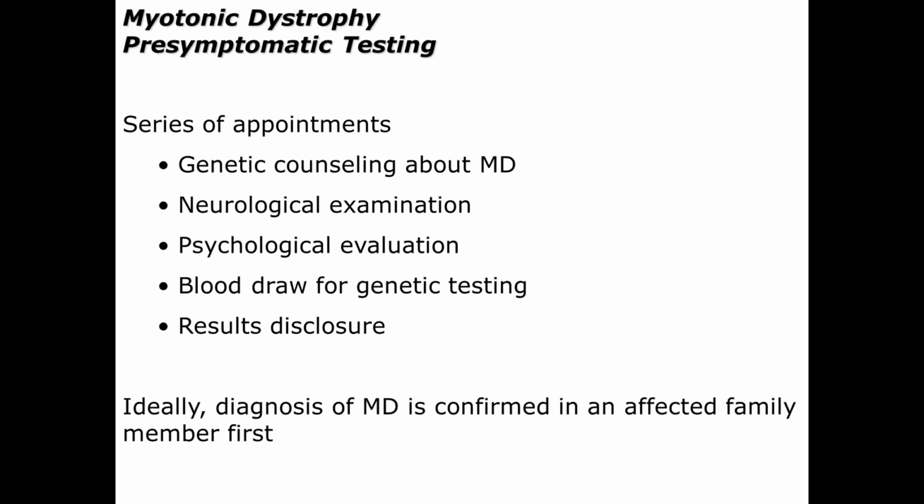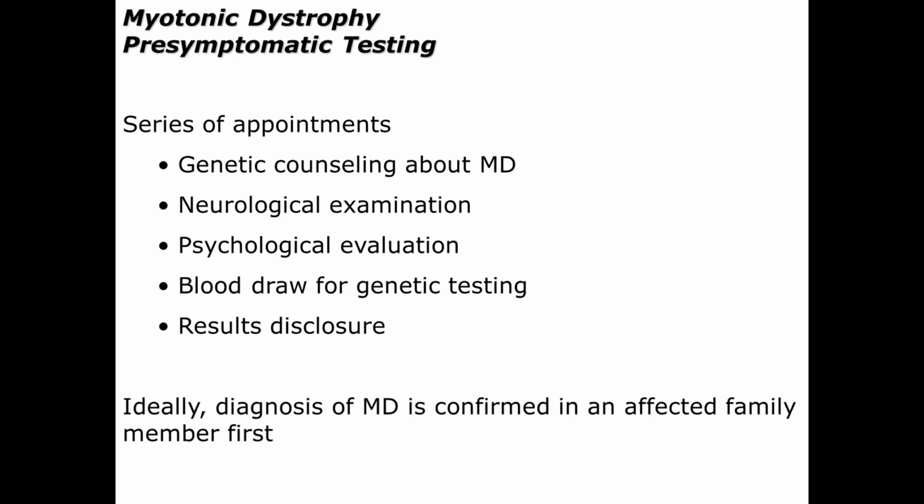That gives information to the parents on which embryos actually inherited the gene expansion so that the family can decide which embryos they actually want to implant. If you can imagine being those parents, you probably aren't going to choose to implant the embryo that has a number of repeats that would have a baby born very sick with congenital myotonic dystrophy.